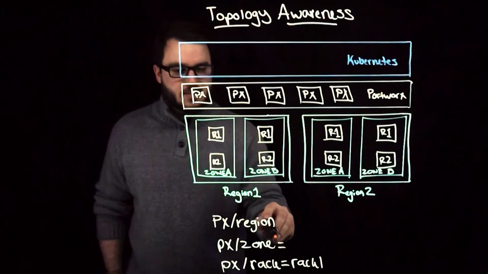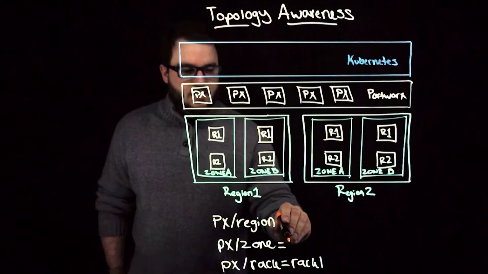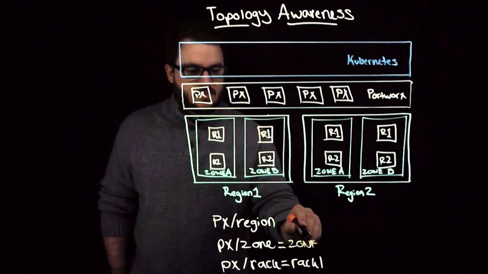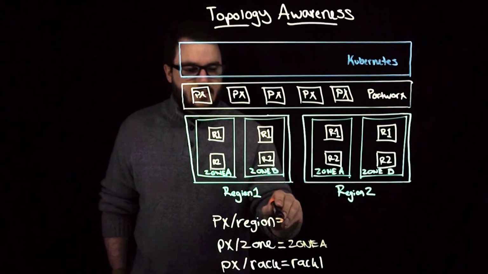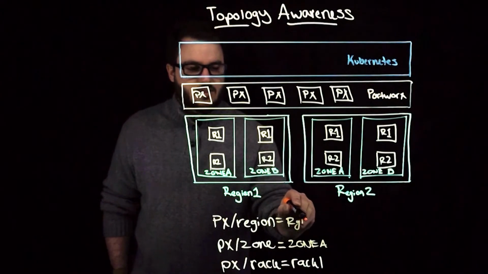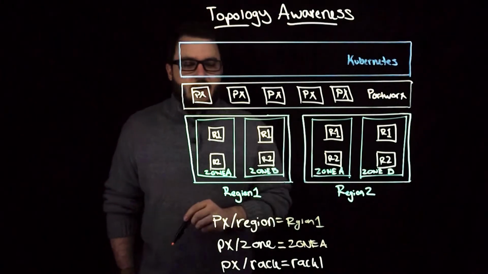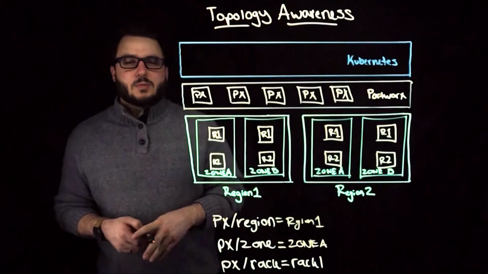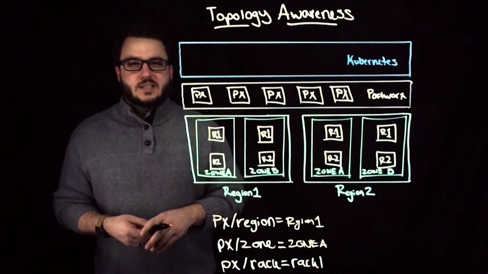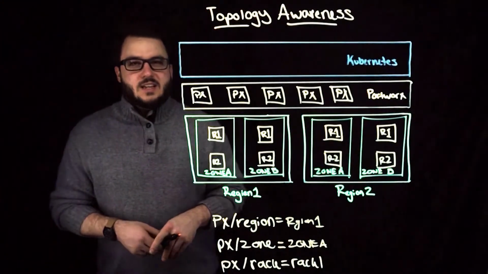This is sort of how these labels would look. So again, zone A and region 1.